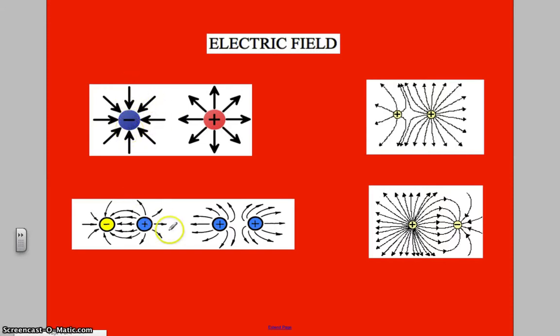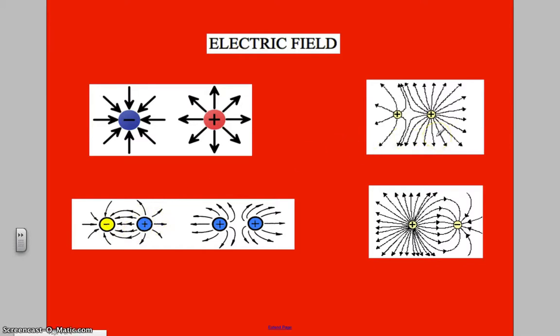You can see some examples down here. You have two positives that the electric field is repelling each other, and you have a positive and a negative that are attracted to each other, and the electric field will connect.